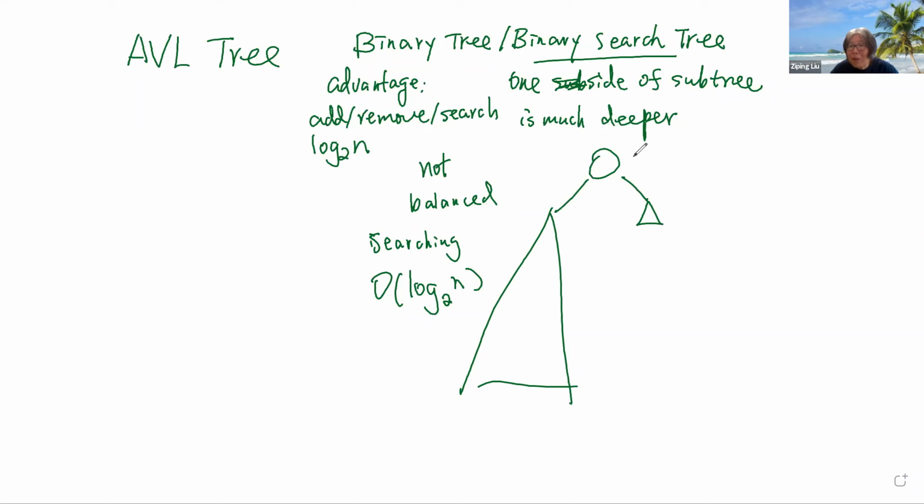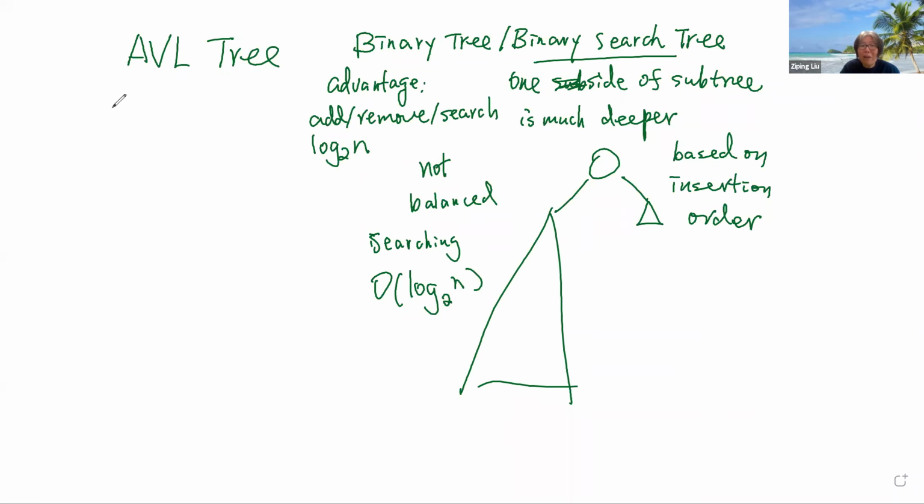Because the root node is the first node you add to the tree, so the tree is based on insertion order. So a lot of the time, if you just use the raw binary search tree, it may lose its advantage, and we cannot make use of that log 2n advantage.